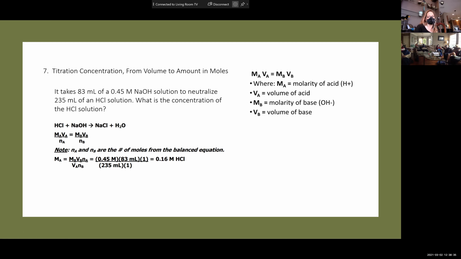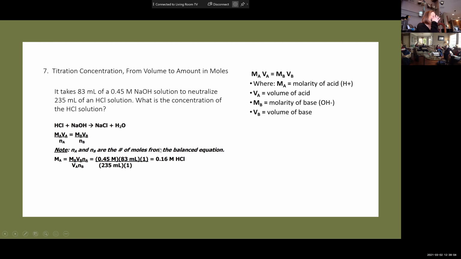So you come in here and you're going to put in your moles of your sodium hydroxide times your volume, and that's over your volume of your acid. And this is molarity, and this is your number of moles, 1 and 1. Your number of moles are your coefficients, 1 and 1.